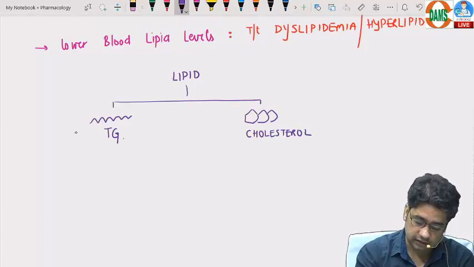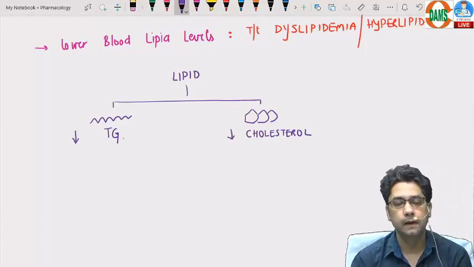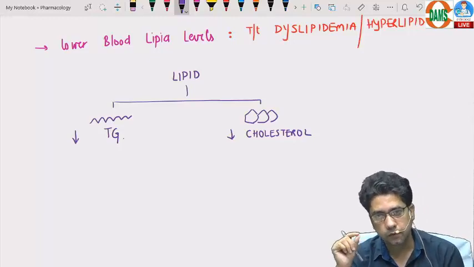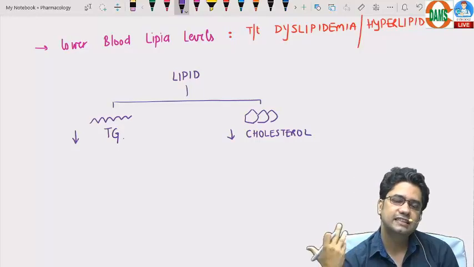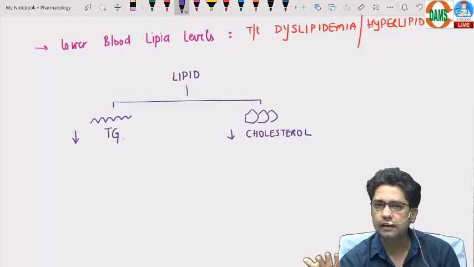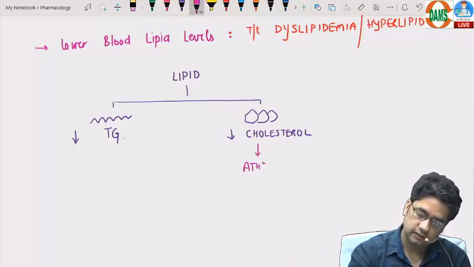So these drugs, they decrease the level of triglyceride and cholesterol. Now the question arises, sir, if the level of cholesterol is high, what it can lead to? Remember, level of cholesterol, if it is high, it leads to atherosclerosis.